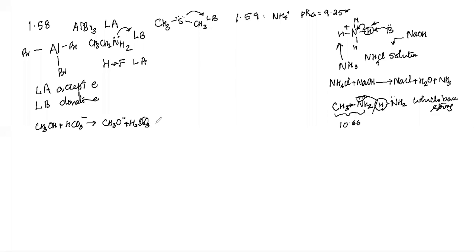Now, the pKa value of methanol is 15.5, and the pKa value of H2CO3 is 6.4.